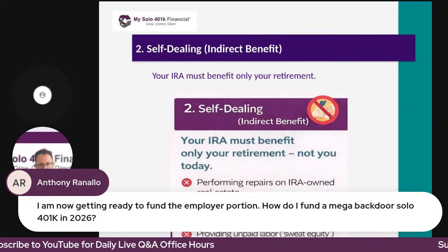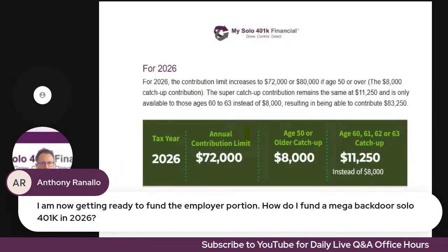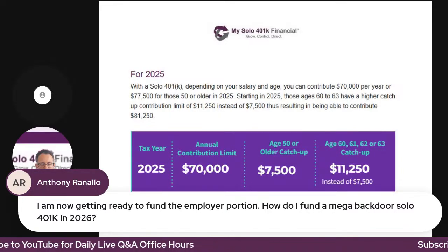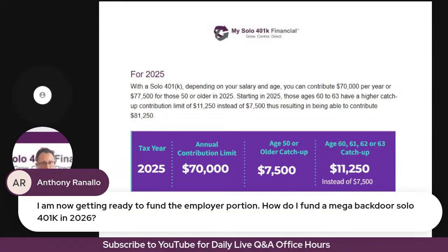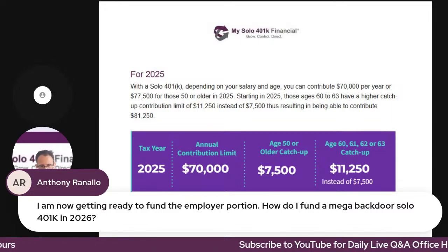For tax year 2025, the overall contribution limit is $70,000. So you cannot contribute more than $70,000, especially if you're under age 50. It's also important to understand that voluntary after-tax solo 401k contributions can never be applied as a catch-up contribution. They're always applied as normal contributions.